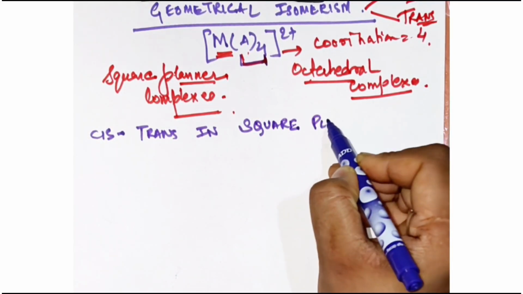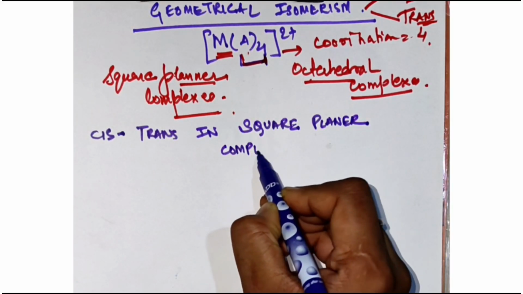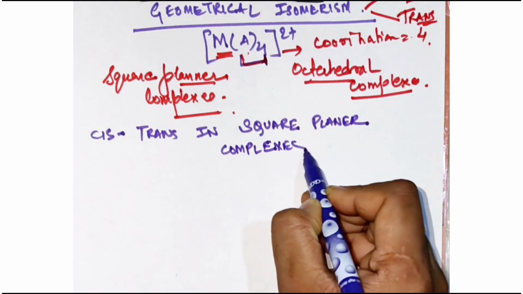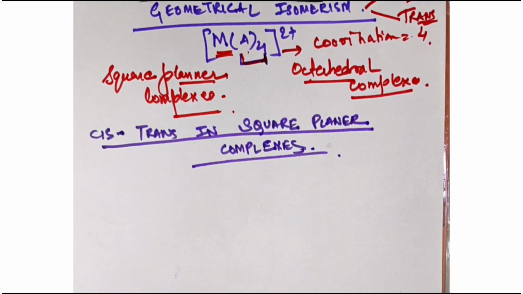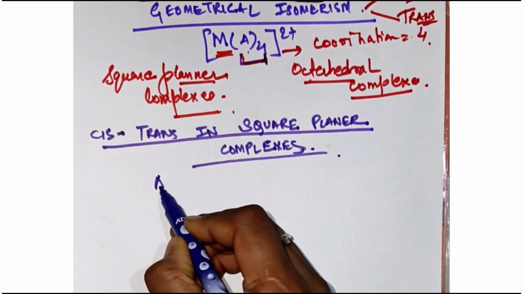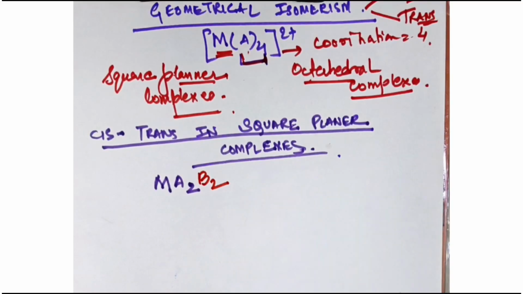We will understand by examples, then I will give you the definition. So cis and trans isomerism, these are of type M A2 B2. I'm showing with different colors so that you can understand.